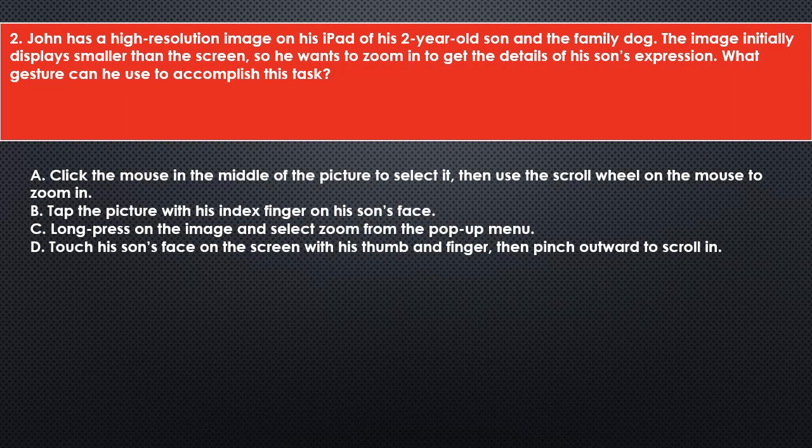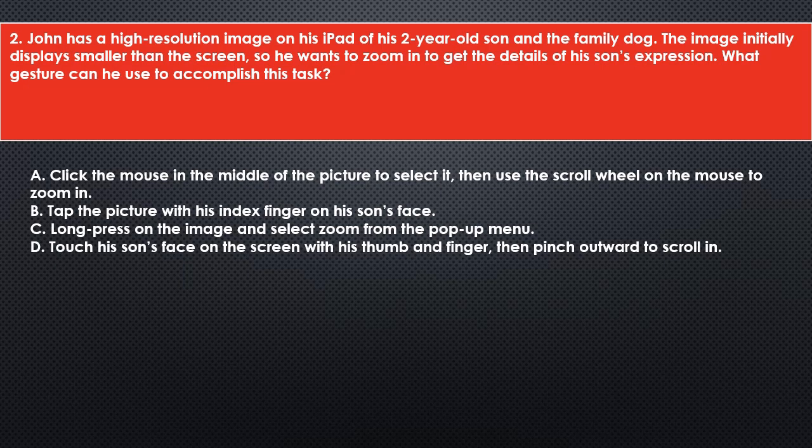2. John has a high-resolution image on his iPad of his 2-year-old son and the family dog. The image initially displays smaller than the screen, so he wants to zoom in to get the details of his son's expression. What gesture can he use to accomplish this task? A. Click the mouse in the middle of the picture to select it, then use the scroll wheel on the mouse to zoom in.